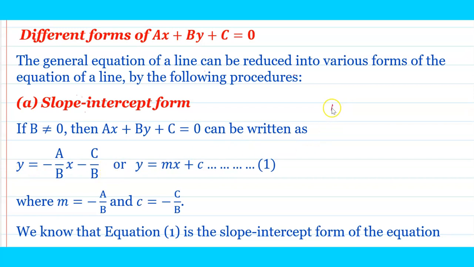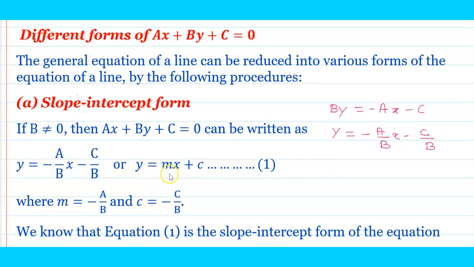See this here, that is by. Transfer ax and c to the right hand side, and those terms will become negative, so minus ax minus c. Divide on both sides by b, then here you will get y is equal to minus a upon b into x minus c upon b.